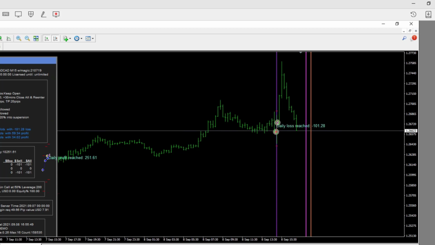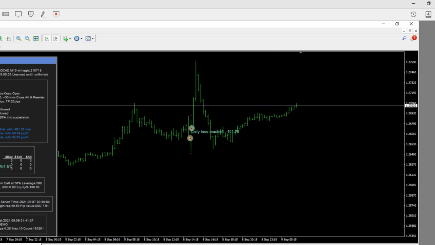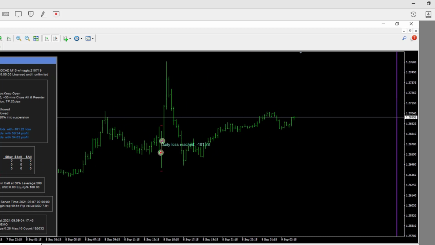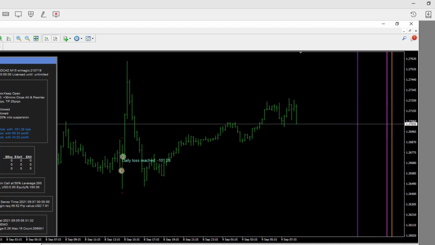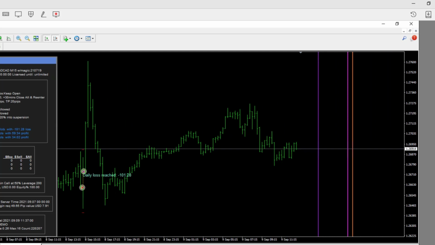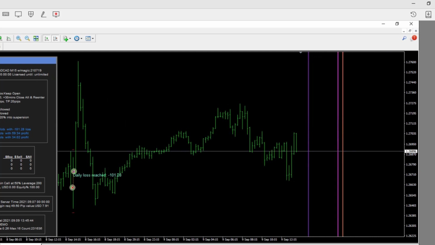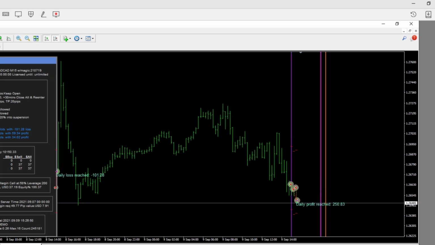But let's continue with this just to show you the final. I'm not going to do this now, but certainly I'll go through the same process as we did before. So what I'm going to say is, look, one lot appears to be too big, so I'm going to change the lot sizing maybe to 0.08 or 0.06. You see, there we are.